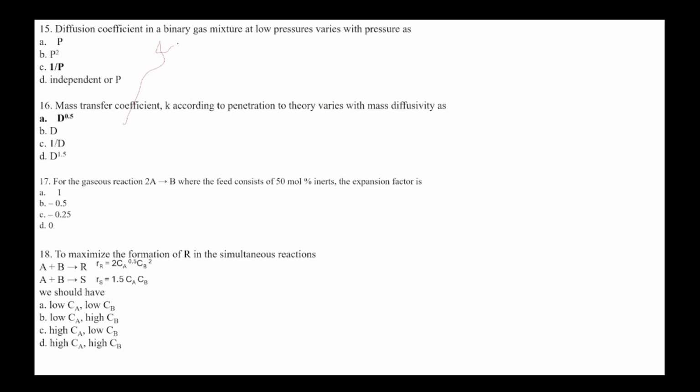Diffusion coefficient in a binary gas mixture at low pressure varies. For gases, the diffusion coefficient is given by the Wilke and Chang relation. What is this relation?